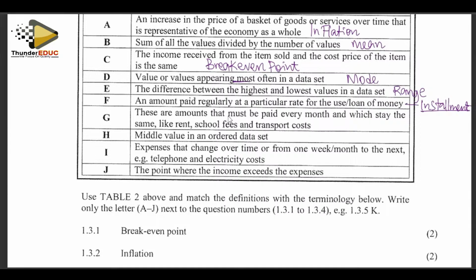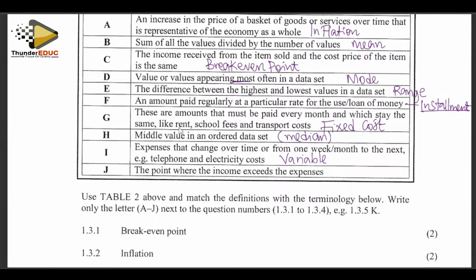These are amounts that must be paid every month and which stay the same, like rent. These ones we call the fixed costs. Then we come here, middle value. Definitely when you hear middle value, we know it's the median. Expenses that change over time. These ones are variable costs. Variable costs, they keep changing.